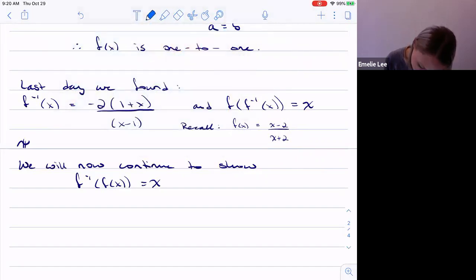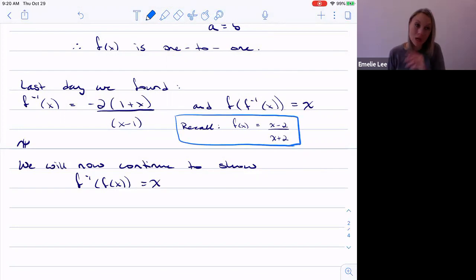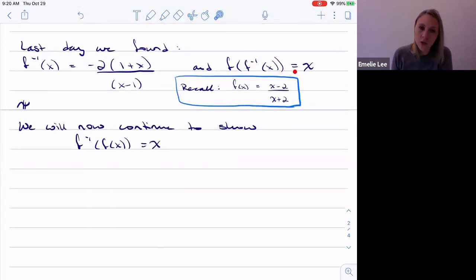I'll put it in a little box so it's separate. Okay. So we were able to show that the function composed with the inverse is equal to x. So now we're going to do something similar and show that it is also equal to x, because otherwise we didn't find the inverse, but we did, so it's okay.